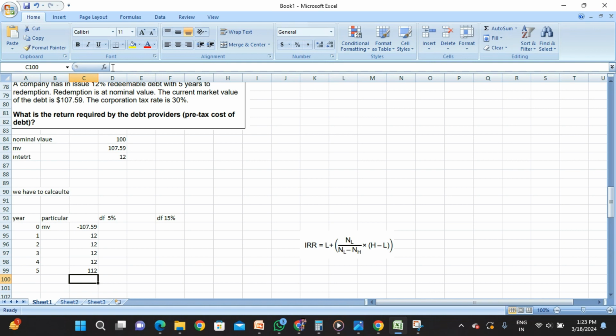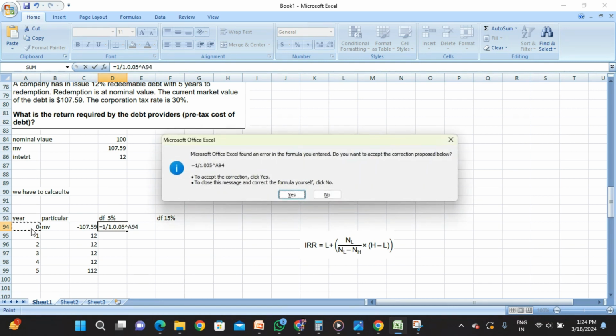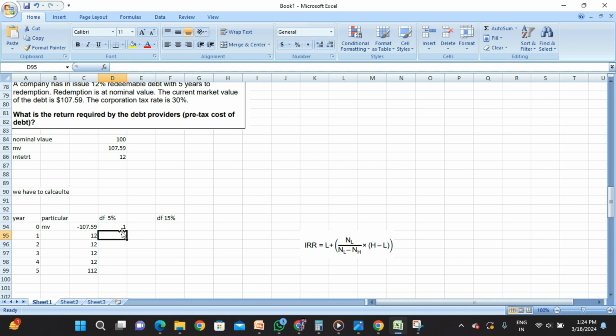Next is the discount factor. Always remember this formula: 1 divided by 1 plus the discount rate. The discount factor is 5%, so 0.05, in brackets. Click on year 0 and you will get 1.